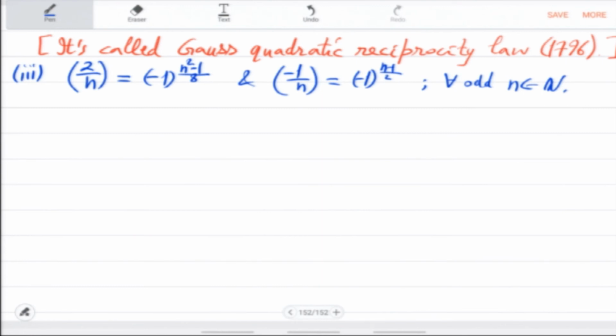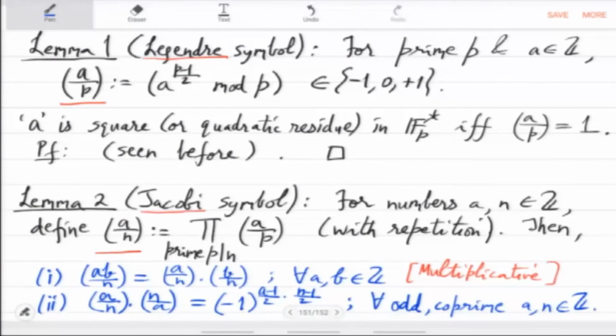This is a minor calculation, but the major properties were multiplicativity and quadratic reciprocity.